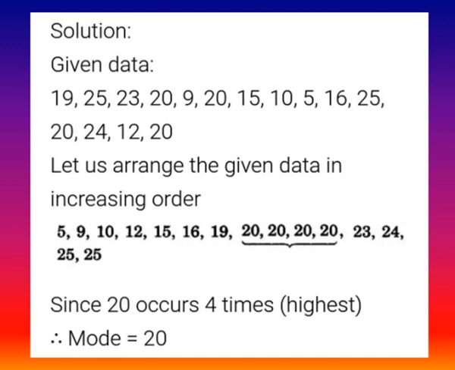Now we find the mode. Mode means the most repeated number in the given data. Here 20 occurs 4 times and 25 occurs 2 times. Since 20 occurs the most, the mode is equal to 20.